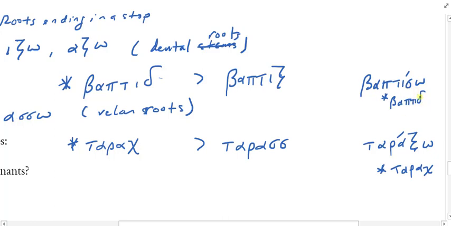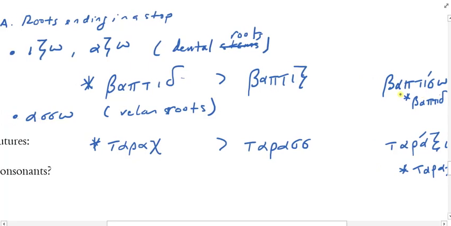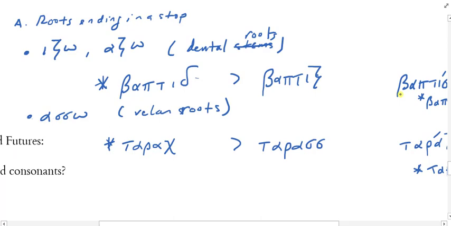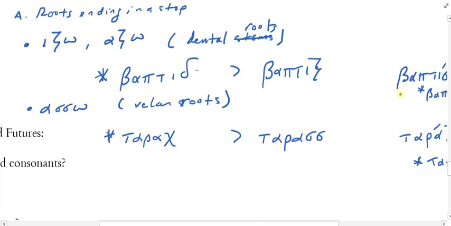So when I add the sigma, the delta drops. Okay? When we learn the aorist tenses, we're going to see that the aorist stems will be more like the verbal root as well. So it's the present that's the odd one out here. Okay? But this is a fairly regular pattern for modifying the verbal root to get the present stem.